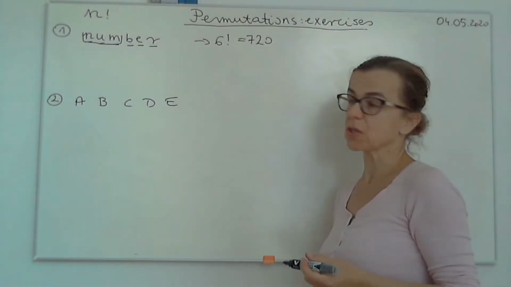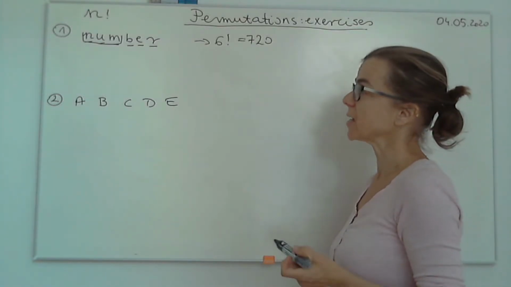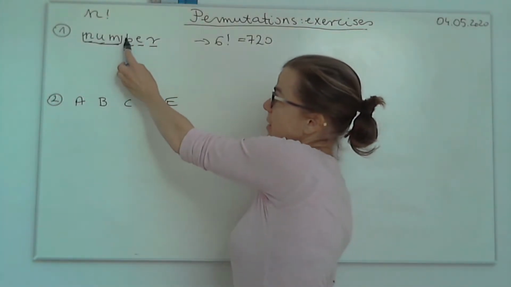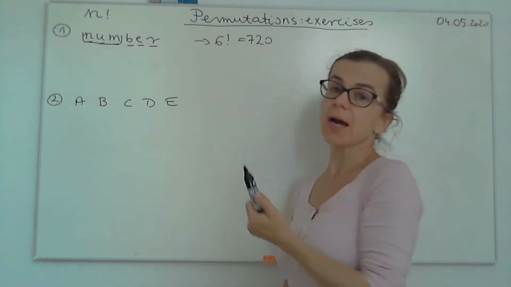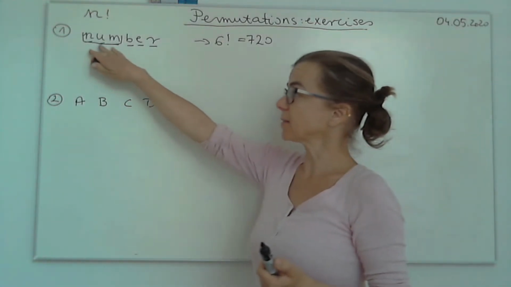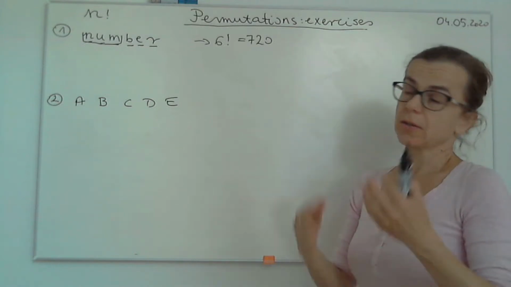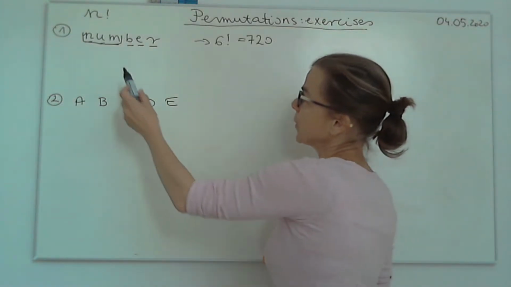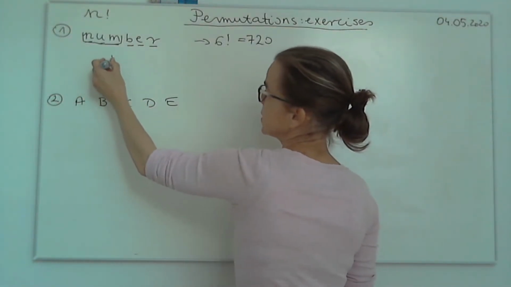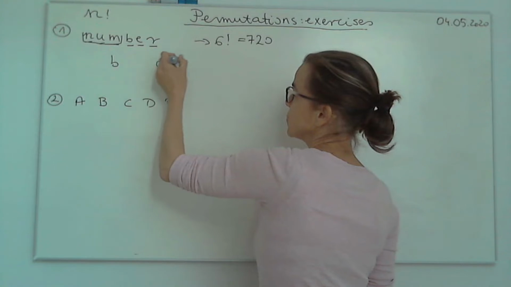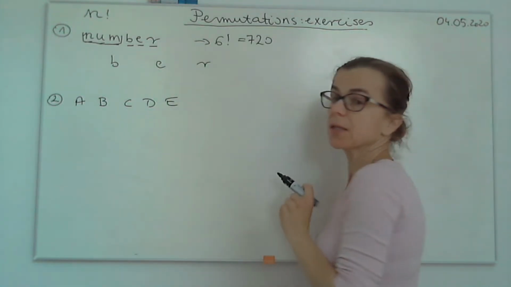And now the question is, how many ways can I arrange the remaining 3 letters B, E, R, and this bunch of letters NUM all together? One way to solve this exercise is to calculate the possibilities.